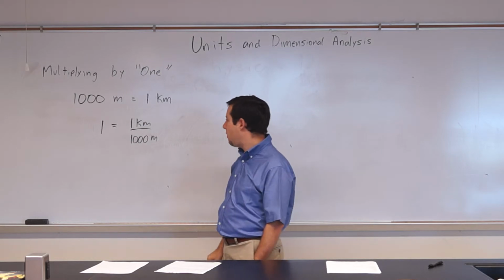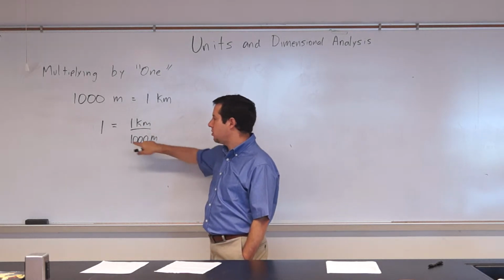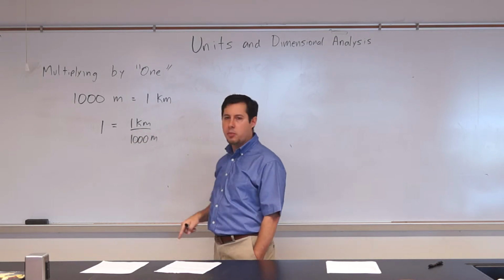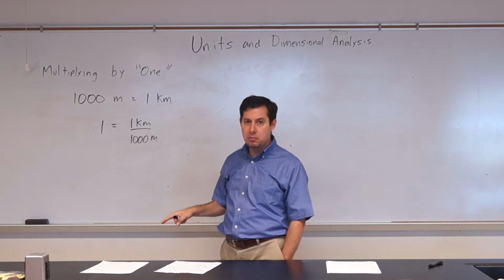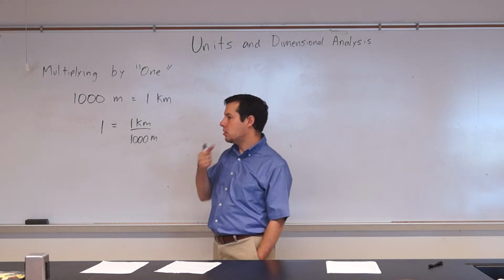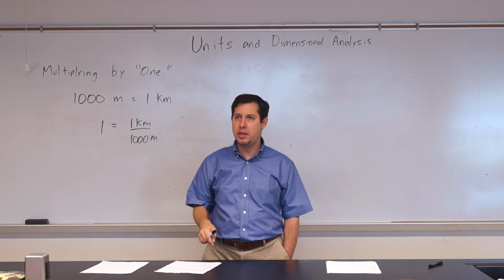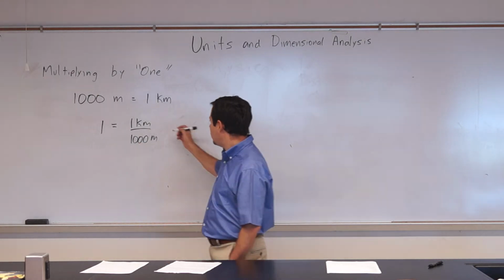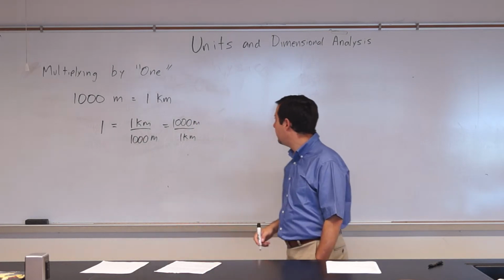So right now you have a ratio, a fraction here, that's equal to the number 1, and that's 1 kilometer divided by 1,000 meters. Because the top is equal to the bottom, even though the units are different, dividing one by the other equals the number 1. So this is actually going to be the same as 1,000 meters divided by 1 kilometer. Both of them are equal to the number 1.